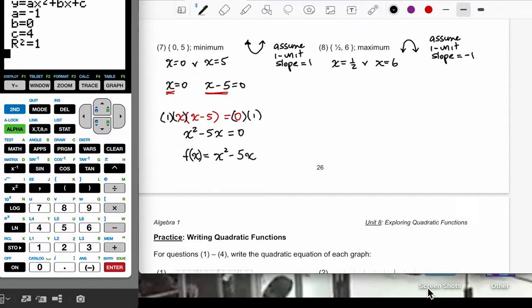So for a fractional value, the recommendation is to multiply both sides by whatever the denominator is to get rid of the denominator, because I don't want to have a fraction. So I'm going to multiply both sides by 2, and that's going to cancel the denominator here, leaving us with 2x is equal to 1. Then I can subtract the 1 from both sides and get 2x minus 1 is equal to 0.